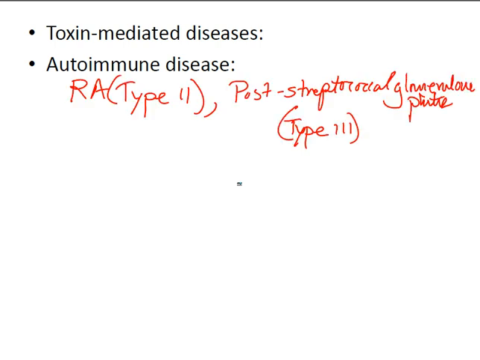Rheumatic fever is caused by cross-reactivity of Strep pyogenes antigens, especially the M proteins, and self-antigens. 80% of cases in children present 2 to 3 weeks post-infection. To diagnose rheumatic fever, you must have evidence of a recent strep infection. The serology is an ASO titer, an anti-DNase B titer, and so on. You've got to have at least 2 major Jones criteria, or 1 major criterion and 2 minor Jones criteria. I'm not going to bore you with the Jones criteria. You can learn that for Step 2 and all that good stuff.